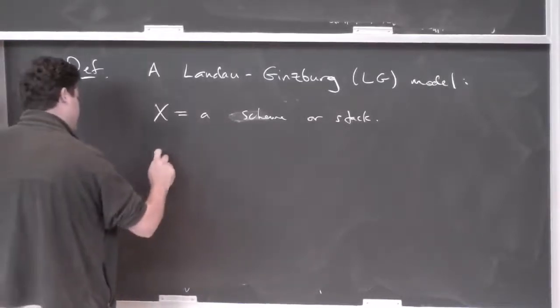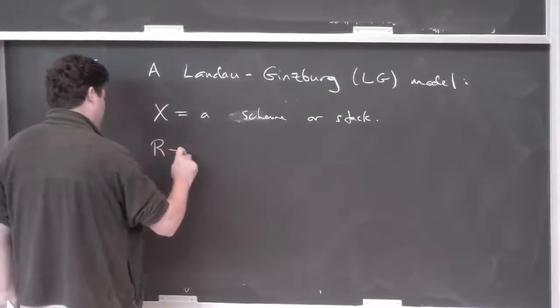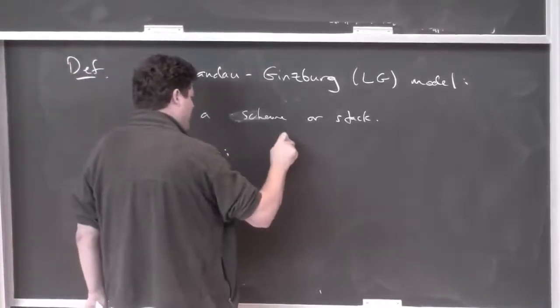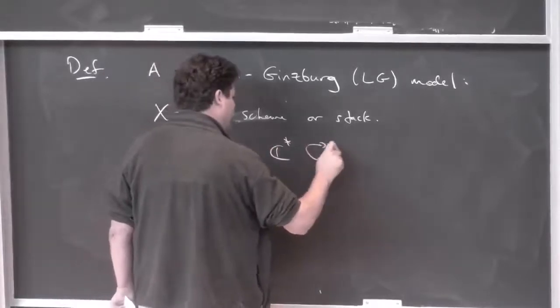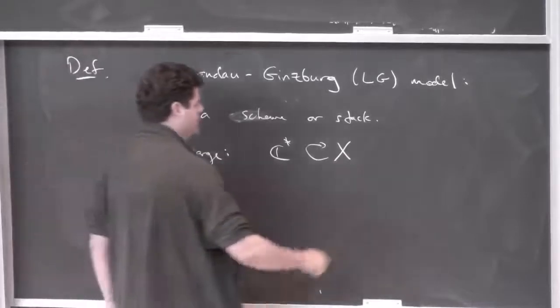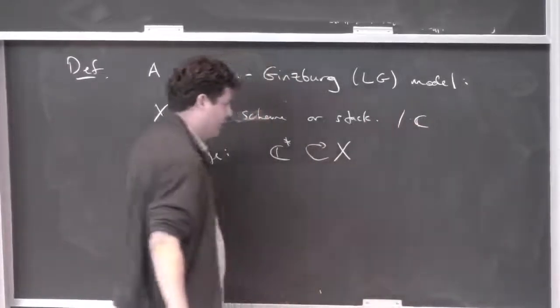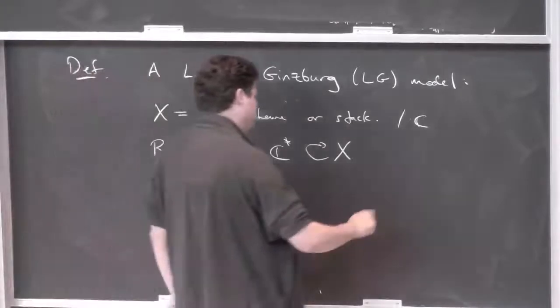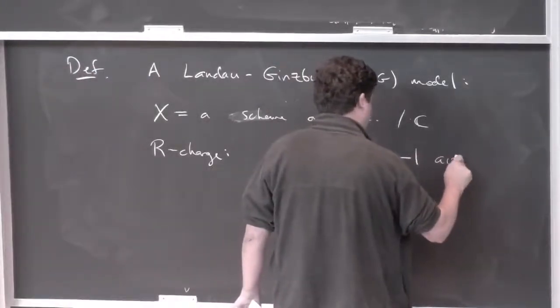We need a copy of what's called R charge. So C star is going to act on X, over C. You could do it over other fields, but let's work over C. C star acts on X, and minus 1 needs to act trivially.